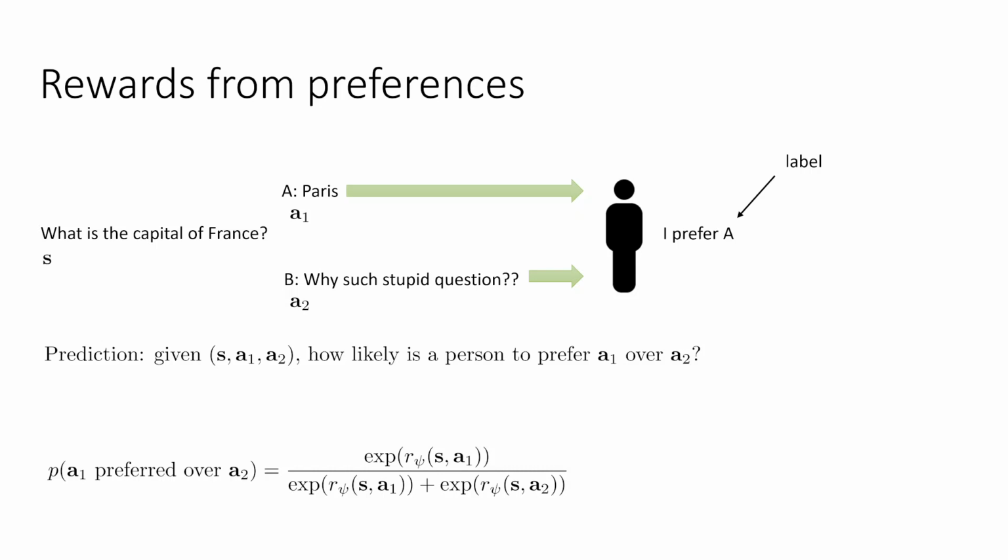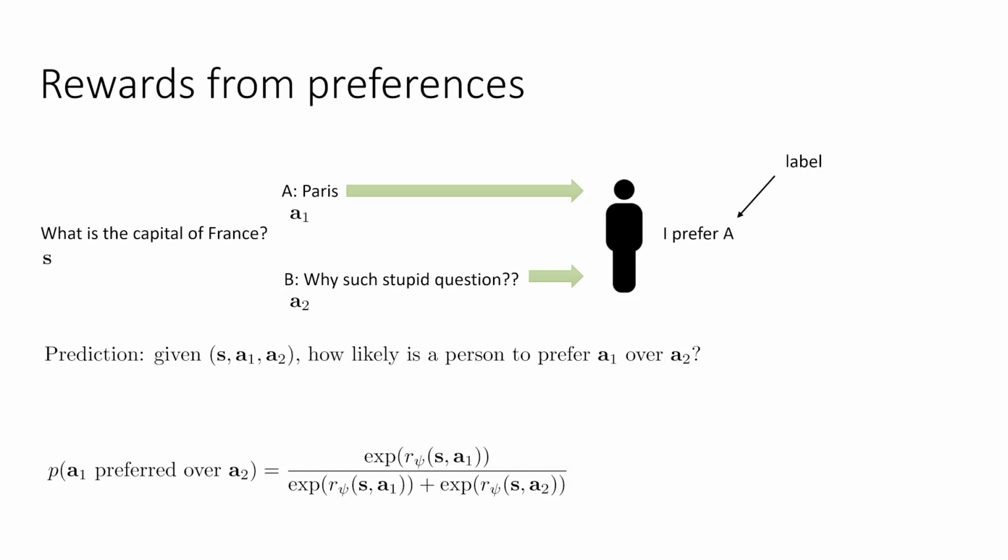So roughly speaking, the probability that A1 is preferred over A2 is proportional to the exponential of its reward, which means that if one reward is clearly better than the other, then that one will definitely be preferred, but if their rewards are about equal, then they're about equally likely to be preferred. The reason for the exponential transformation mathematically is very similar to what we saw in the MaxEnt IRL lectures. I won't go into the math of that, but that's basically the intuition.